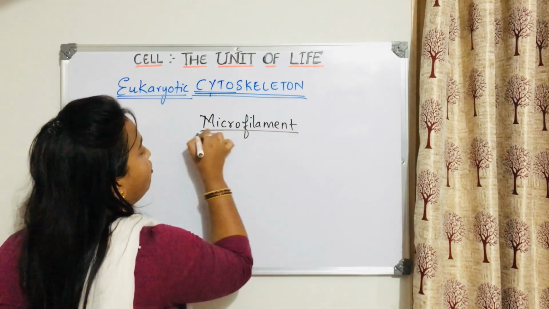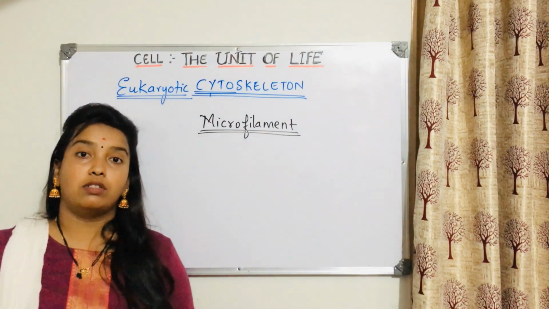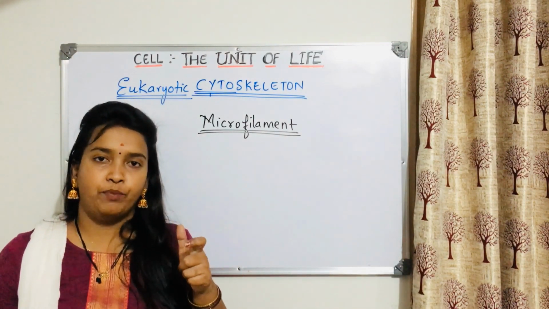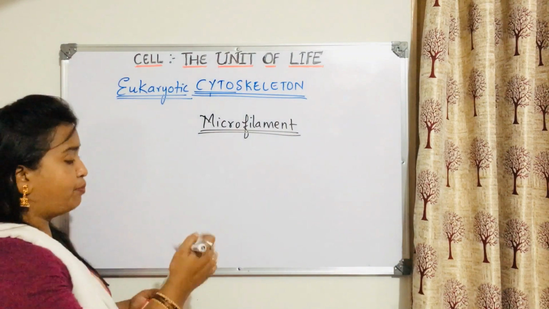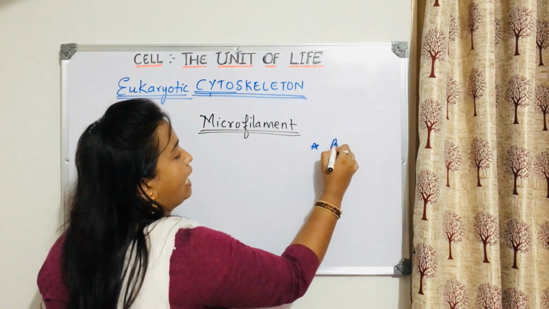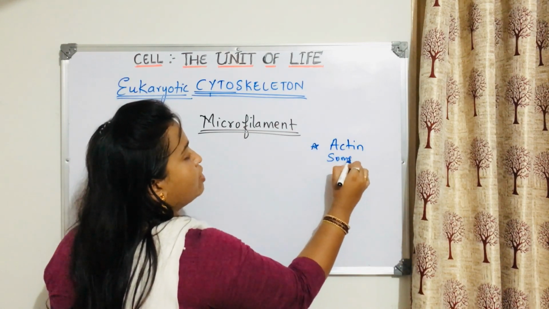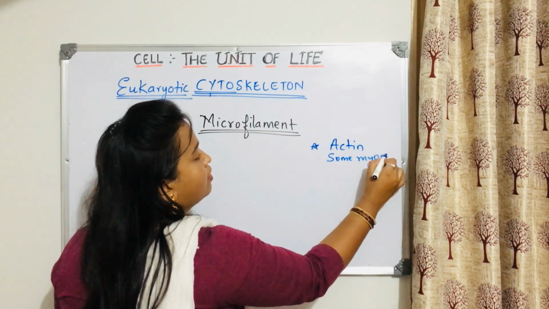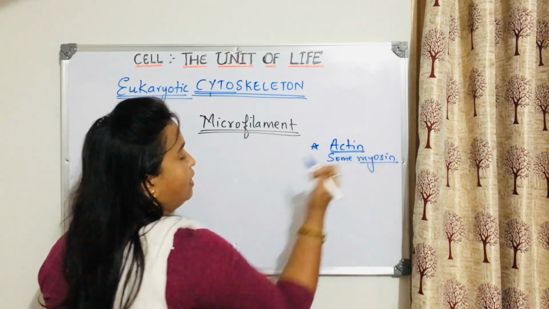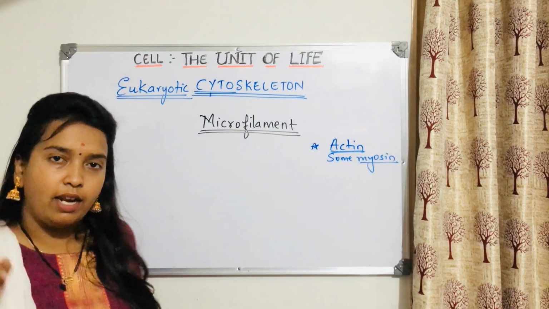I hope you people are well versed with this microfilament. What protein is it made up of? It is made up of actin protein, and some myosin also will be there. But mainly it is actin protein. Where have you heard this actin protein somewhere?